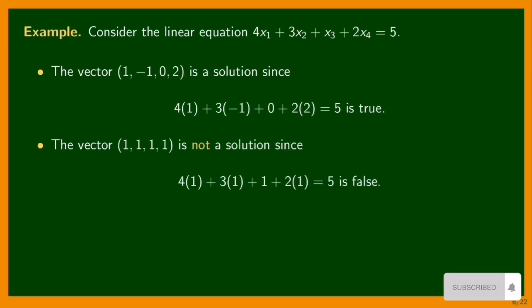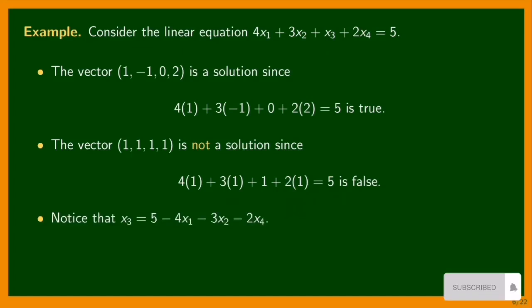On the other hand, the vector 1, 1, 1, 1 is not a solution, because if you do the same substitution, this is false. Why? Because the left hand side simplifies to 4 plus 3 plus 1 is 8, plus 2 is 10, and 10 is not equal to 5. That's why this equation is false.